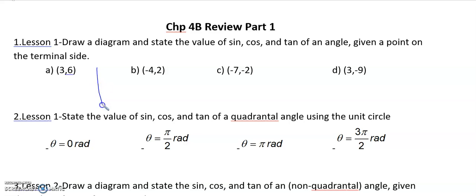So if I plot the point, and I'm going to do B, but then I'm going to leave the others for you. But I'm going to plot negative 4, 2, and negative 4, 2 would land over in quadrant 2. My movement along the X was a negative 4, and my movement along the Y was a positive 2. So that's our leg measures. And what we want to do is use the Pythagorean theorem to find the third side.